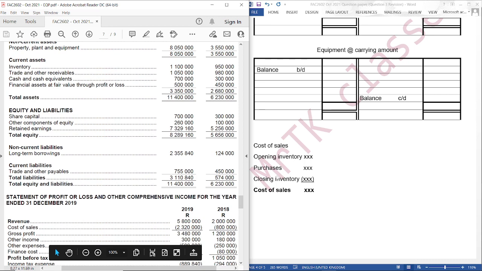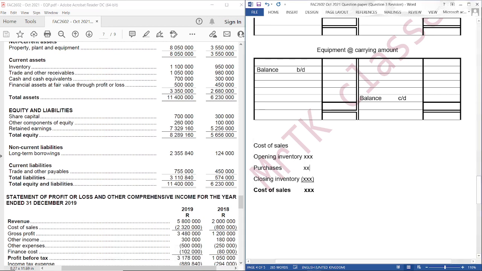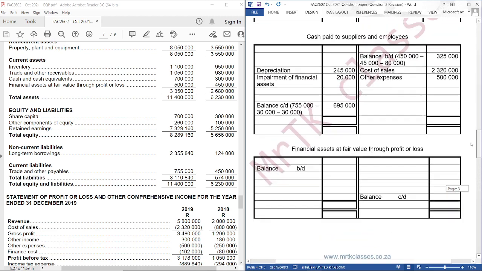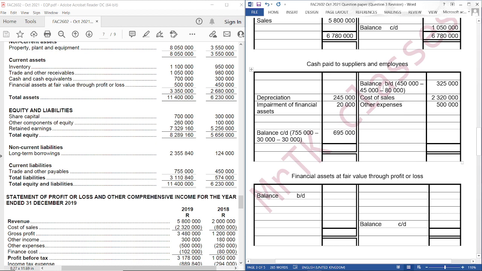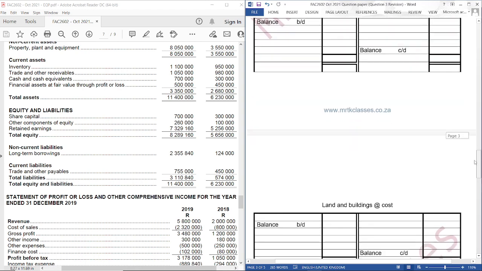But what we don't have is purchases. Right, and that's what we want to calculate in this account. In this account, we want to calculate purchases, there should be entries that will calculate purchases amongst other entries. So we have calculation of purchases in this account. So how do we do that?